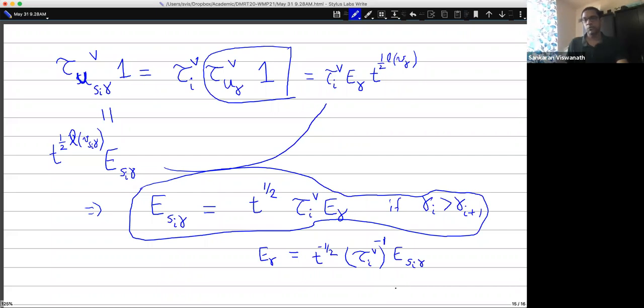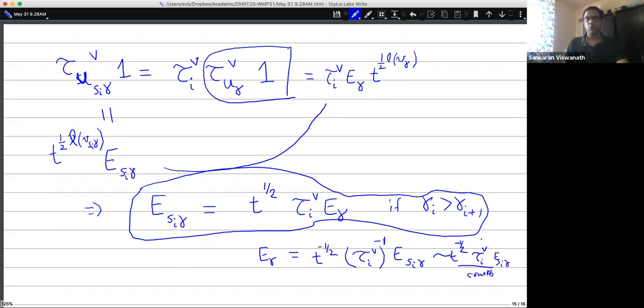Tau i check inverse was tau i check times the inverse of some C operators multiplied together. But those C operators only involve Y's, therefore they act as a certain scalar on a Macdonald polynomial. So this is almost like acting by t to the minus half, again by tau i check itself, but there are some constants which are going to come up times E s_i gamma.